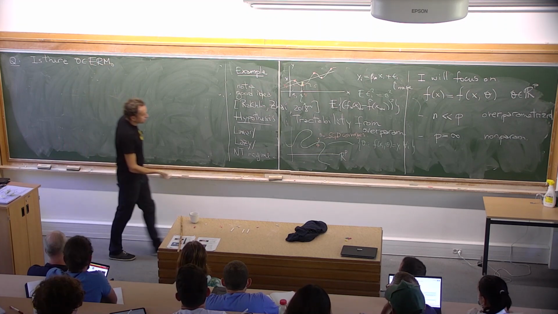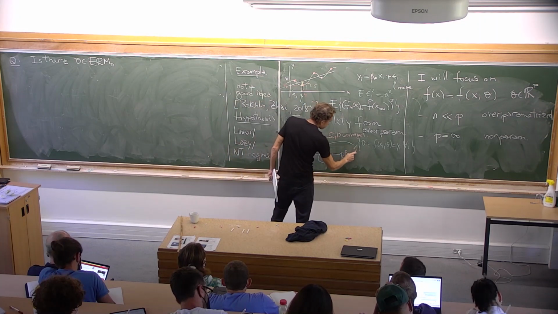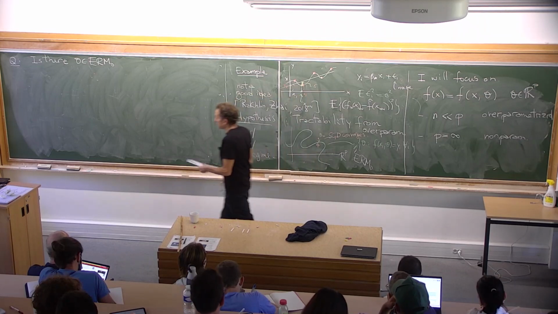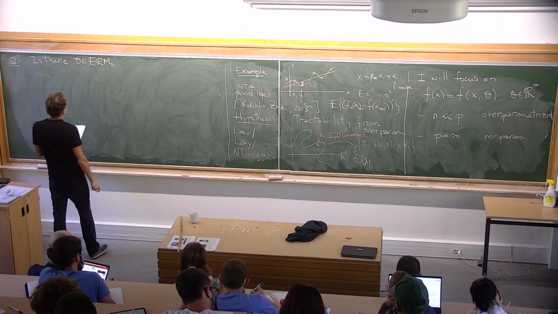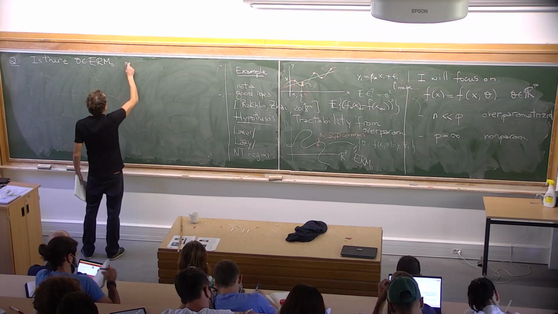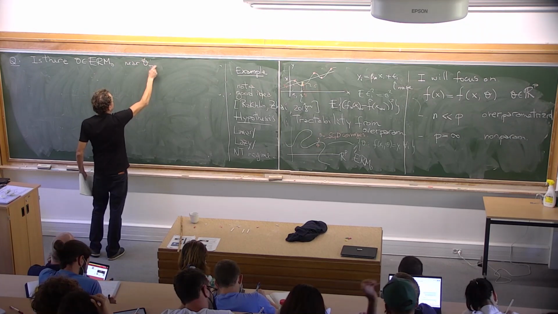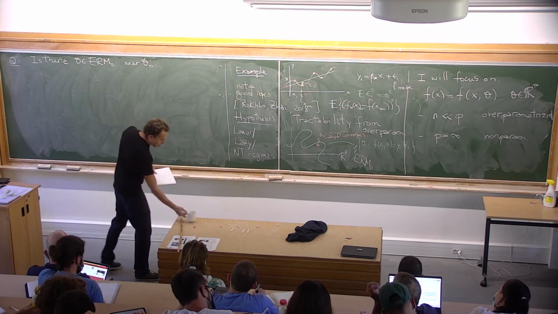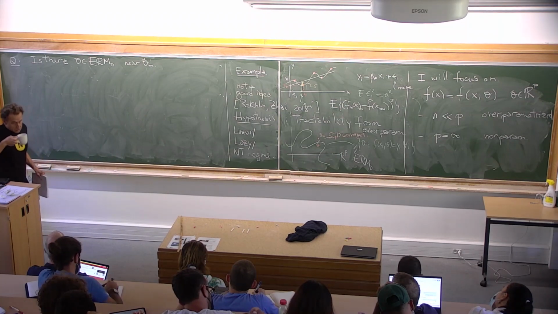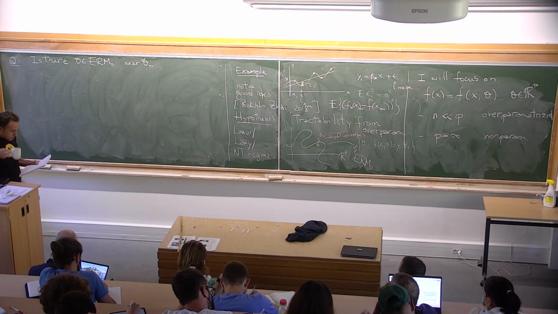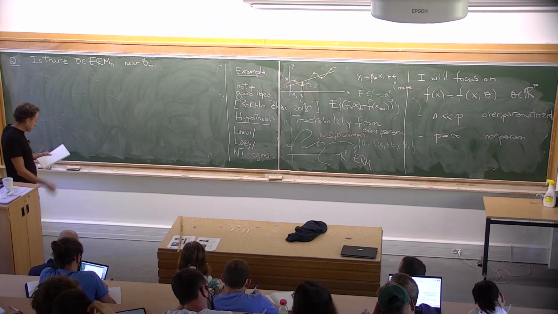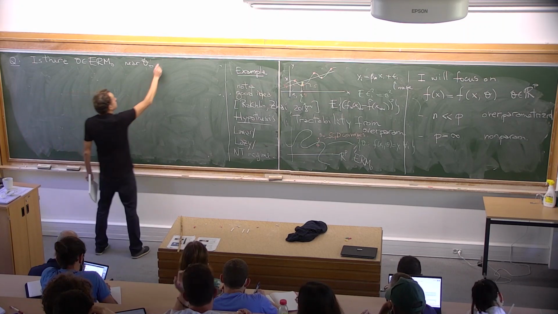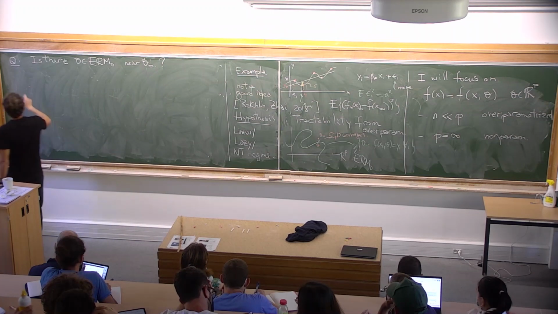Call this manifold ERM0, the set of global empirical risk minimizers or interpolators near theta 0. So I initialize my gradient descent at a point theta 0, and I want to ask, is there an interpolator near to this point? If that picture and intuition is correct, then there should be.